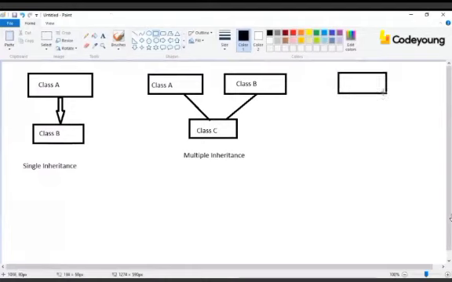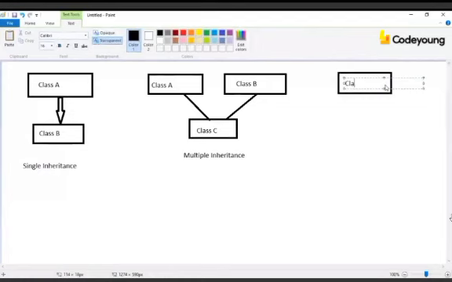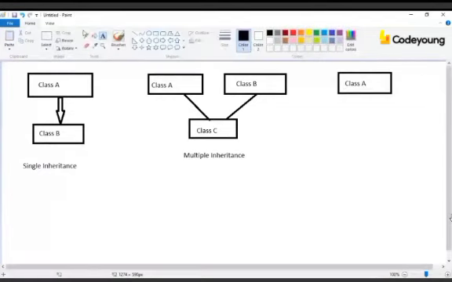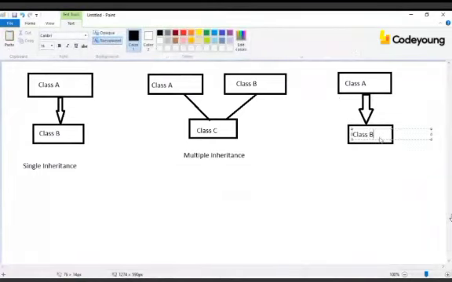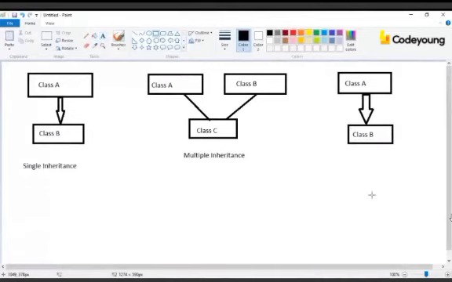So if I have a class A, class A's properties are given to class B. If I'm supposed to draw the arrow, class A's properties are given to class B. Then I have another class C which has B's properties.